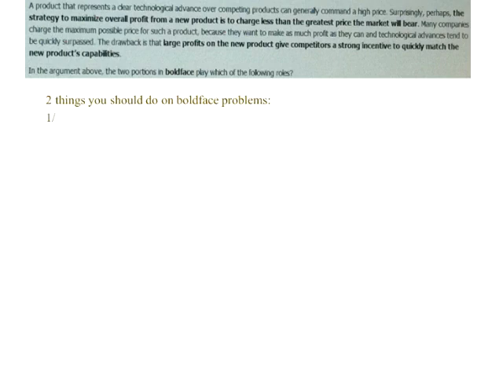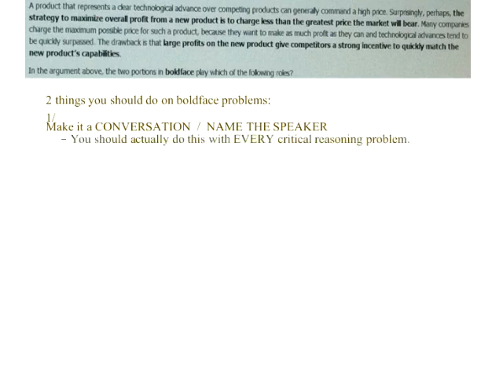The first thing you should do is make it a conversation or name the speaker. You should always do this, including on other types of critical reasoning too. You should actually do that with every critical reasoning problem.